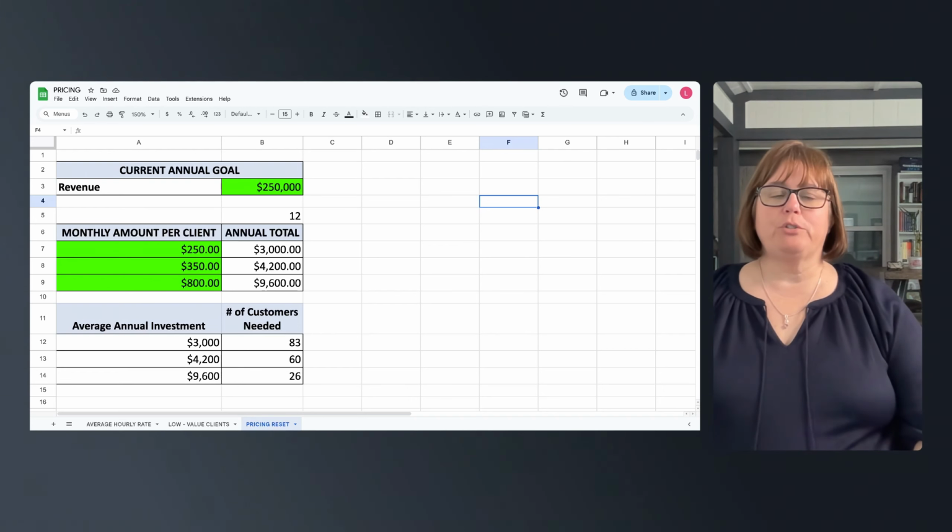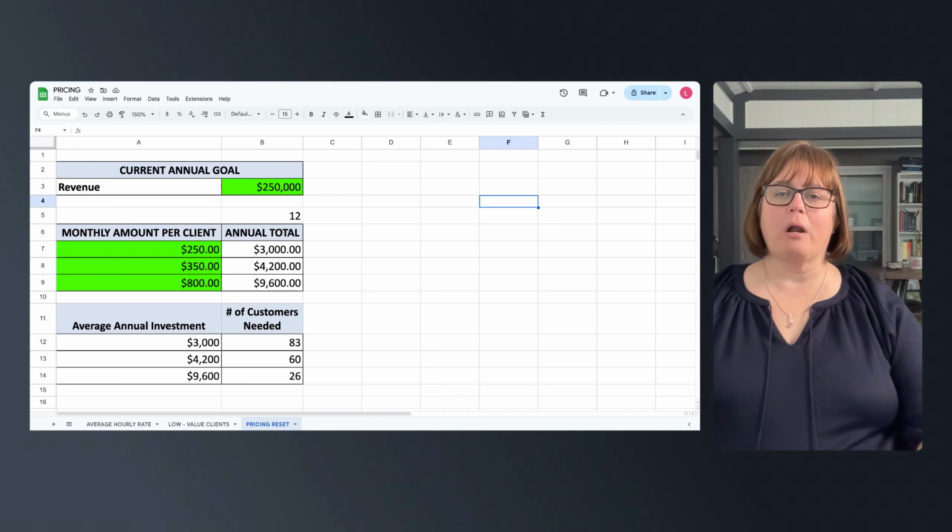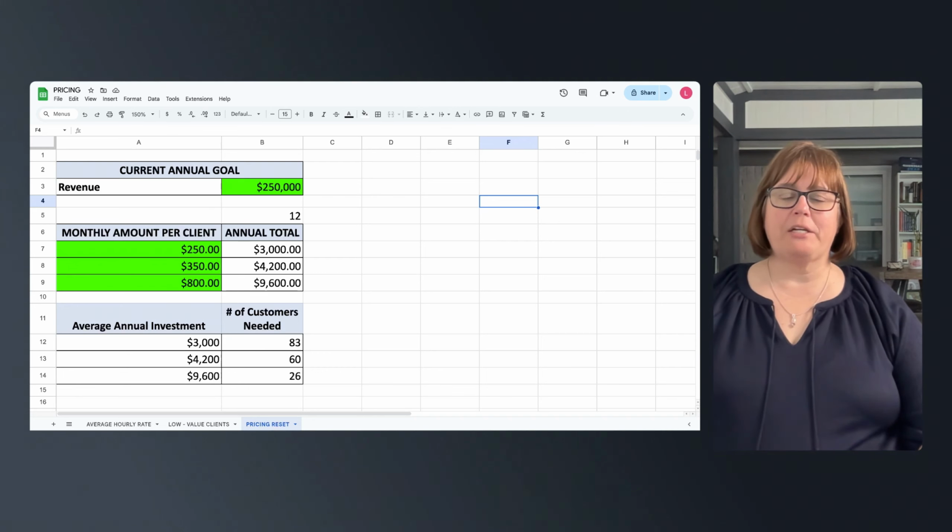So what I want you to do is put in the sheet that I have provided you what your annual revenue goal is. I have an estimate here of 200,000. Then put in what your average monthly prices are.